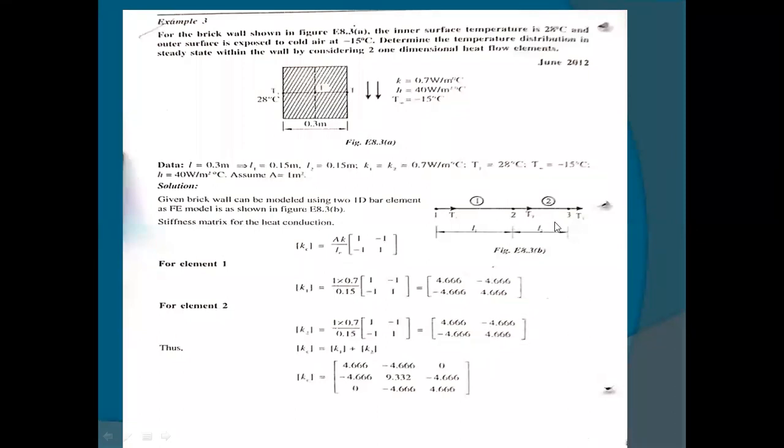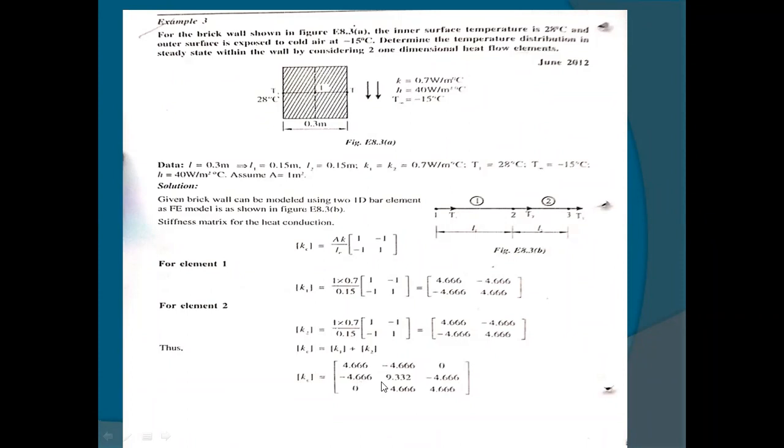Therefore the total K is arranged as 1 2 3, 1 2 3, and we get the total K matrix by placing the entries at those positions. Now this is the K for heat conduction.